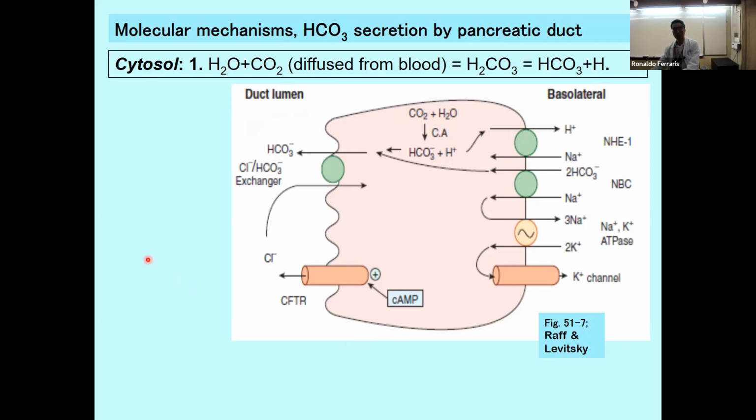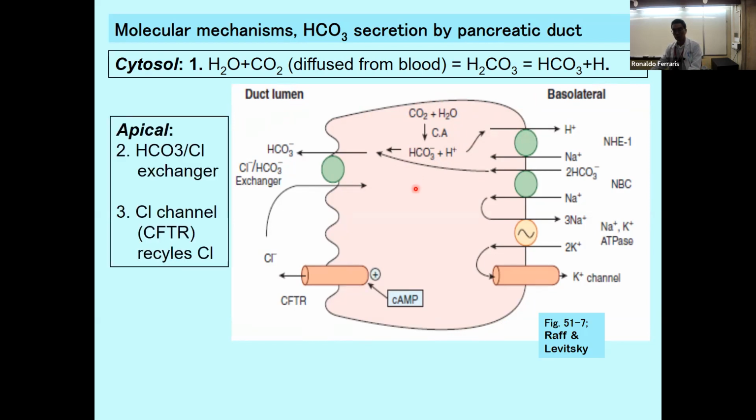These are the major players again. Lo and behold, you have the same carbonic anhydrase reaction. And the big difference is that the chloride bicarbonate exchanger that was in the parietal cell, found in the basolateral membrane, is now located in the apical membrane of the pancreatic duct cell.